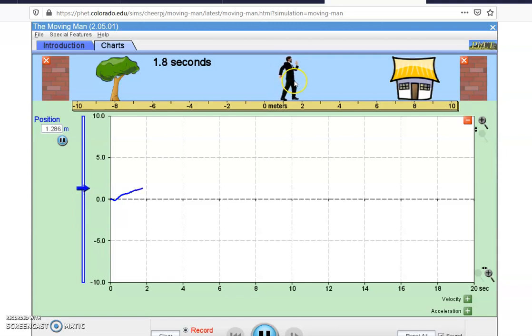We see that the line is going up because we're moving forward, we're moving to the right. It's a rather shallow line as well.